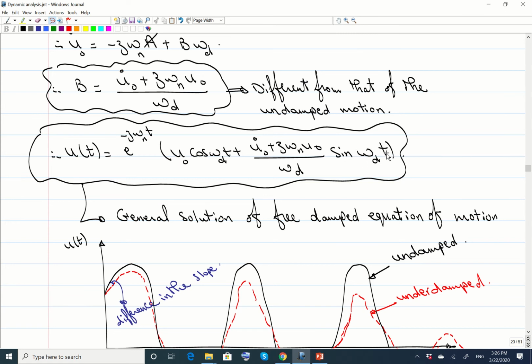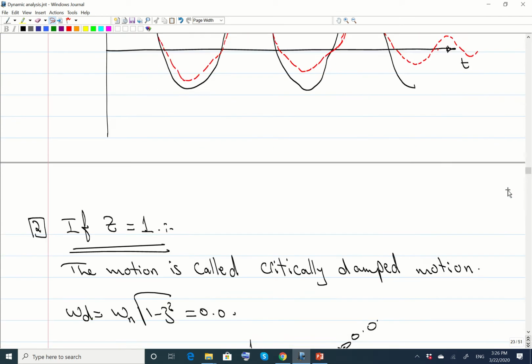What about if I want to find u i plus 1, the amplitude of the displacement at time tau plus T d? Every time you have the time t in the equation, remove it and put tau plus T d.